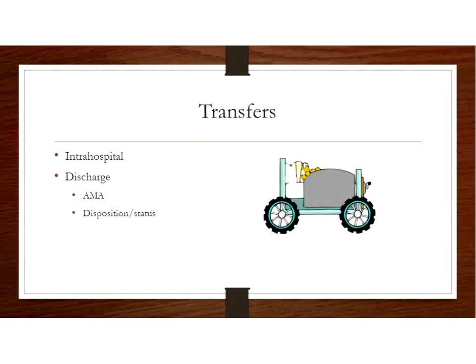For example, maybe that patient is on one particular unit. If he starts experiencing conditions that increase the level of care that is needed, he may have to move to the intensive care unit. That's called an intra-hospital transfer.